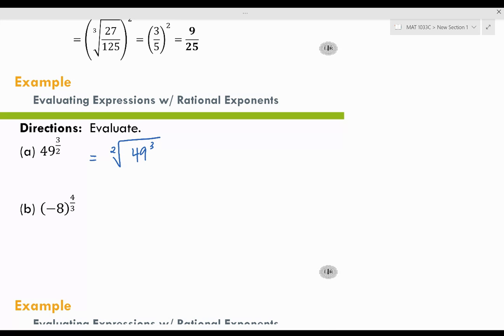I'm going to do it out of order again because I like to try to do things as much as I can without a calculator. Mental math is very good for you. So I'm going to do the square root of 49, and then I'm going to raise that to the third power. The square root of 49 is 7, and then 7 to the third power, that's 343.